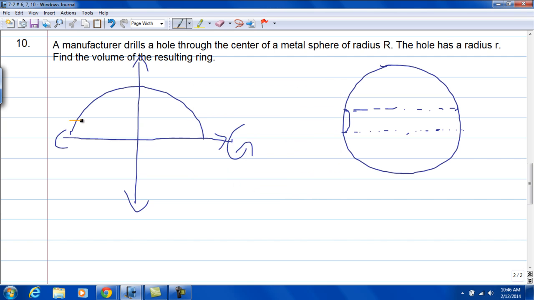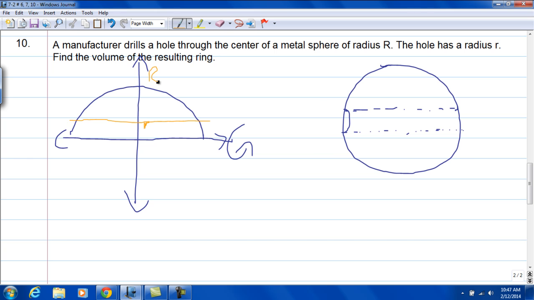So imagine this is that hole that's cut out, and it'll have height r, little r. And then the radius of this big curve is capital R.